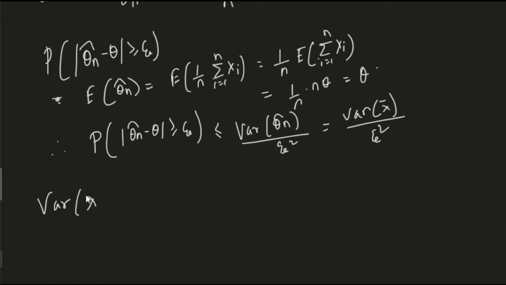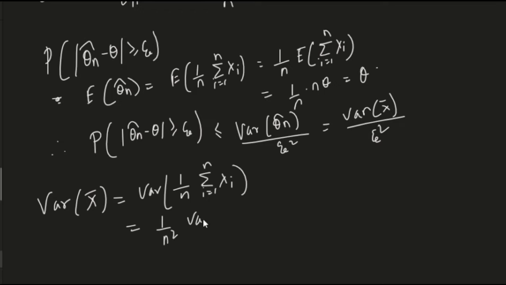Variance of X bar is simply equal to 1 by n squared variance of summation from i equals 1 to n Xi, and this would be n times sigma squared, so it becomes sigma squared by n, right?